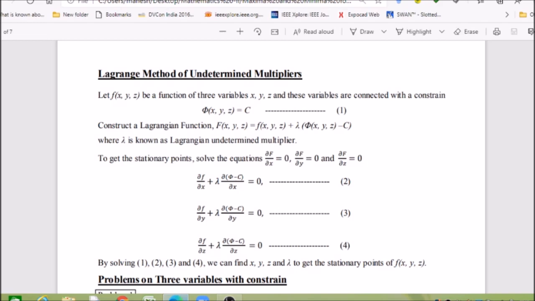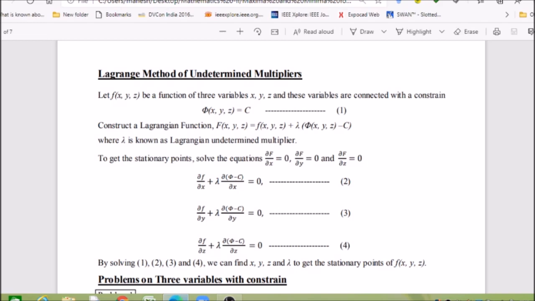So to get the stationary points, equate dou capital F by dou x equal to 0, dou capital F by dou y equal to 0, and dou capital F by dou z equal to 0. So this results in dou f by dou x plus lambda into dou phi by dou x equal to 0. That is equation 2. Dou f by dou y plus lambda into dou phi by dou y equal to 0.